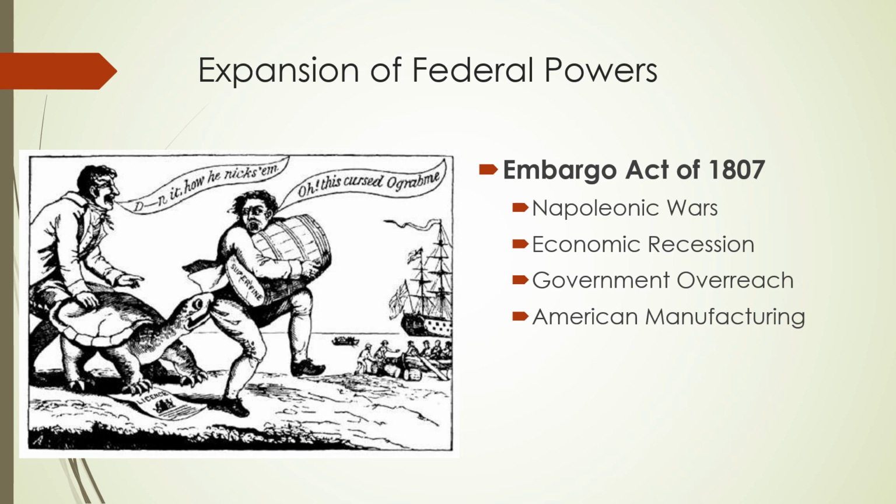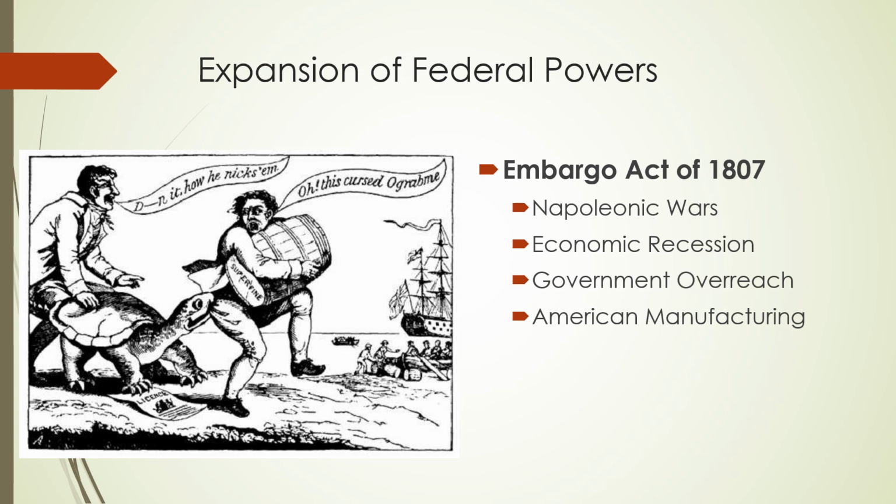And so this causes a few problems. One, it's going to cause an economic recession because we can't trade effectively. The other thing is people are going to be critical of the government. Now, Jefferson, remember, was an advocate of small government, but he would have had to sign this law. And a lot of people saw this as government overreach, the fact that they could tell you what to do with private business as far as ships leaving and things like that.